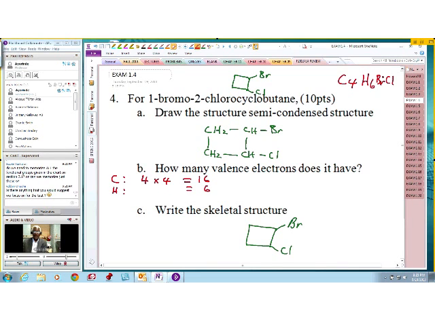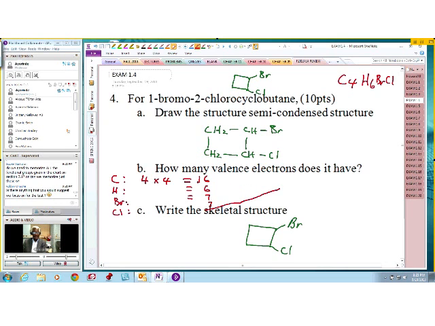Bromine is in group 7, so that is 7. And chlorine is also in group 7, so that means it has 7 valence electrons.